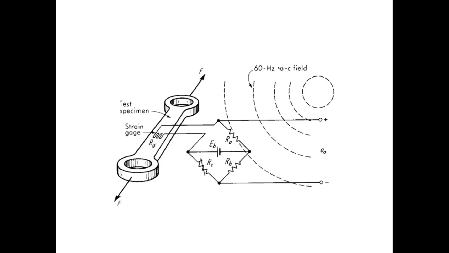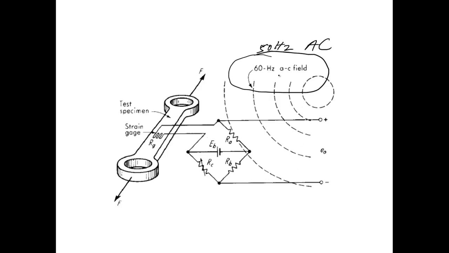But because of a nearby alternating current field, let's say in our labs, we have 50 hertz AC. This field tries to interfere with the voltage levels of this whole circuit, thereby modifying the values.